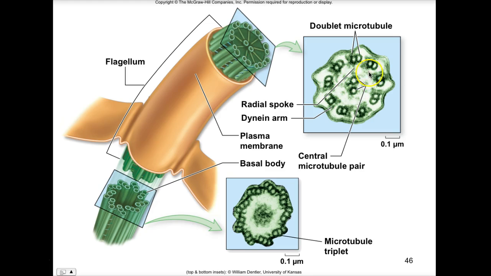Here you have the radial spoke, and the dynein arm is right out here. If you look at the part of the flagellum itself, here is the structure you're looking at. Then you have the plasma membrane that would surround it, and there would be your basal body. So there's the microtubule triplet there.